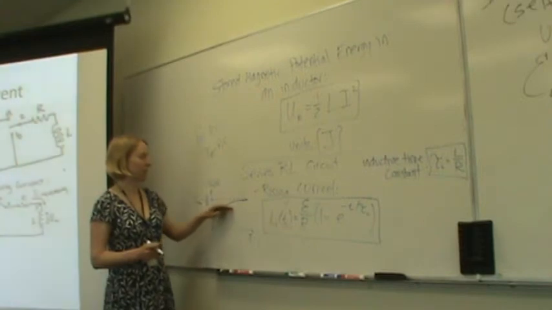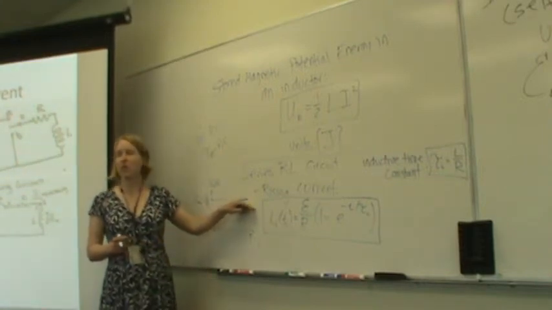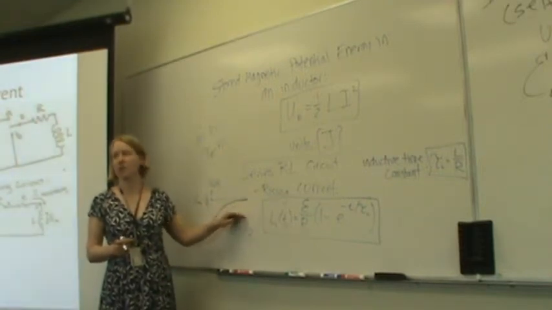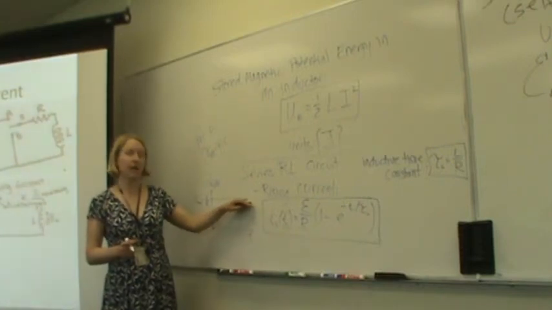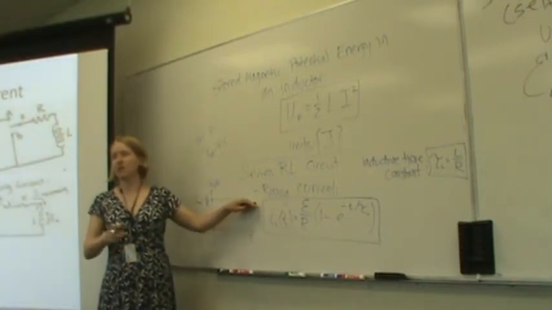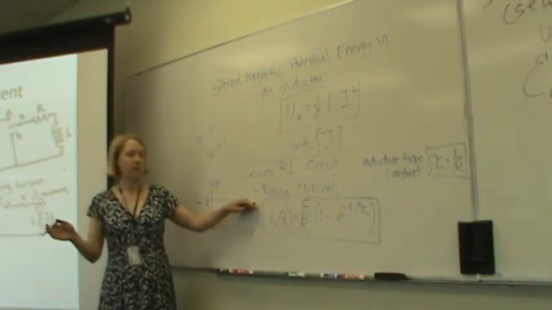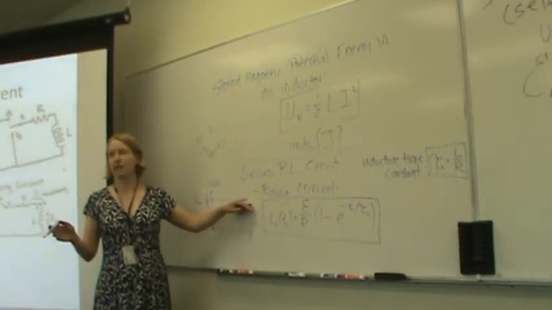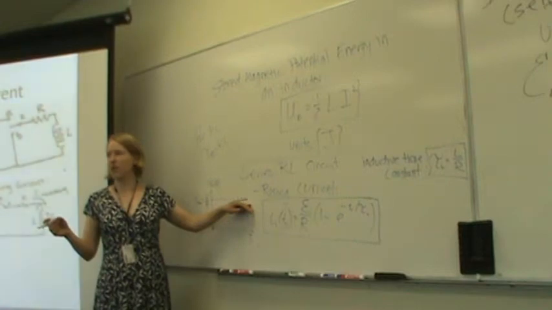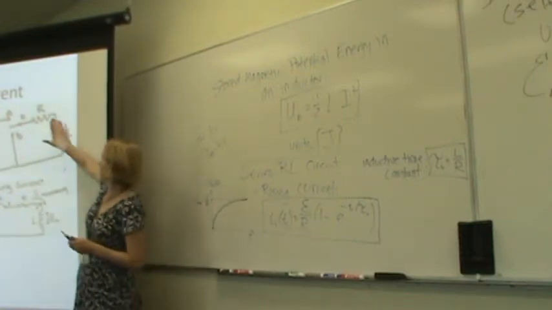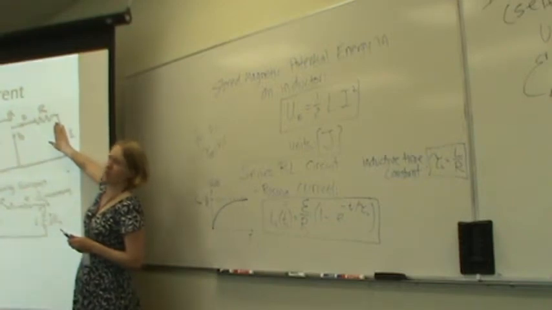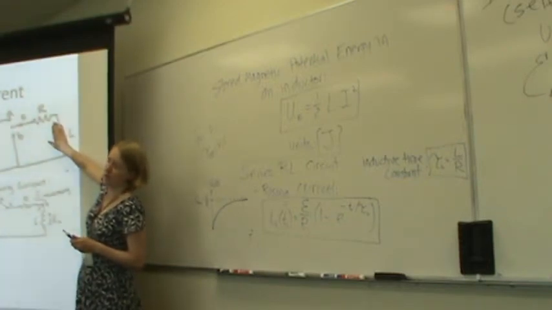And as the current levels off, the induced EMF goes away because the current is not changing as rapidly, until eventually, as the current is constant, the induced EMF is 0. At that point, we call that a short, where it's like the inductor's not even there. So it's like this is gone at time equals infinity, and you've just got a battery and a resistor. That's how the circuit looks.